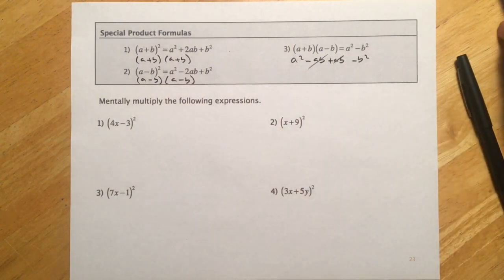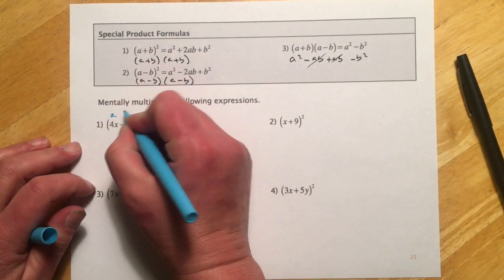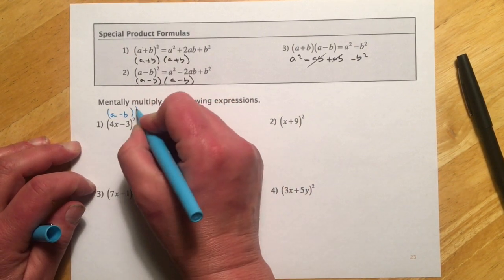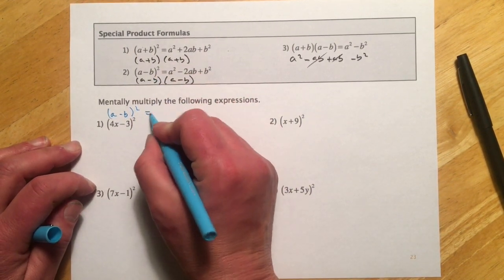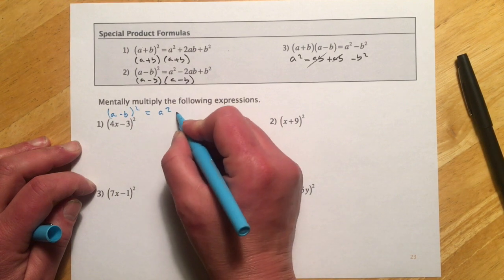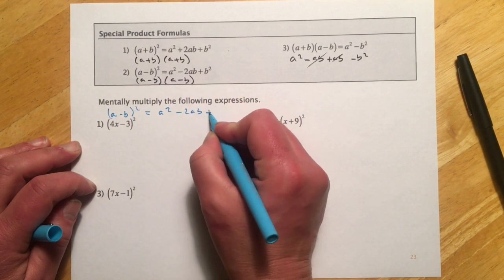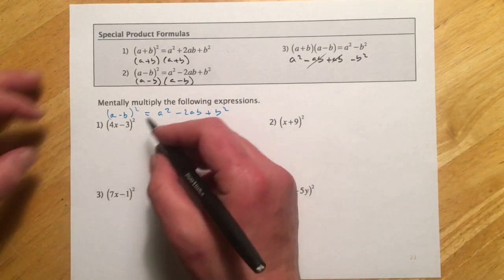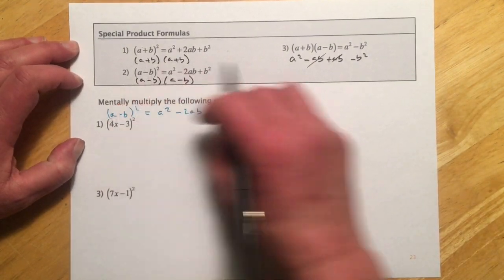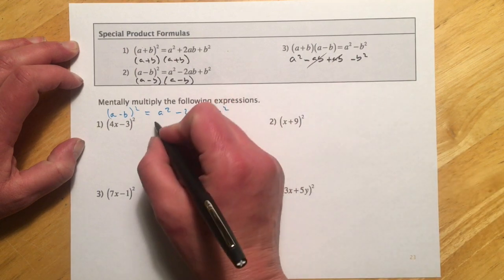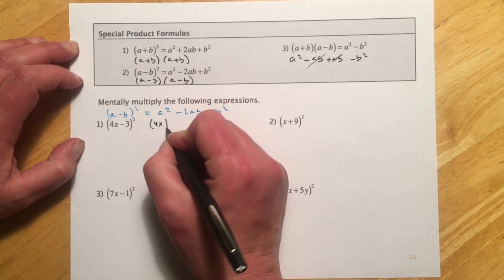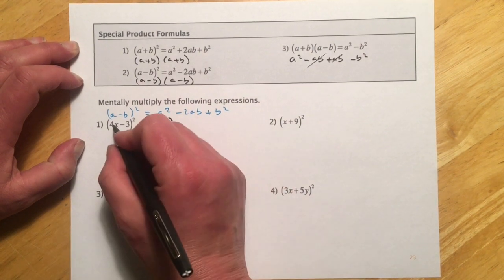With this first one here, this is a and this is b. And so it's of that form right there. That means it's going to fill in as a squared minus 2ab plus b squared. On this first one, I'm going to write it out really properly, and then I'm going to try to show the pattern to it. This 4x is the a, so what you're doing here is 4x quantity squared.